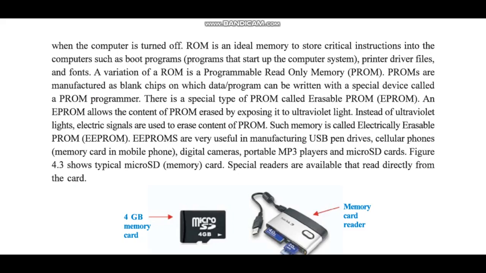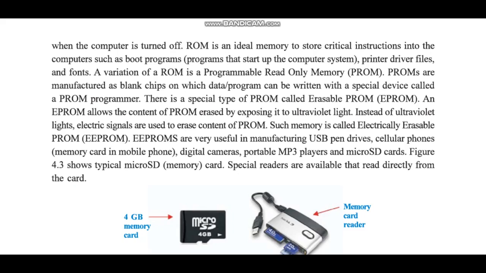EPROM allows the content of PROM to be erased by exposing it to ultraviolet light. Instead of ultraviolet light, electrical signals are used to erase content of PROM. Such memory is called electrically erasable PROM.